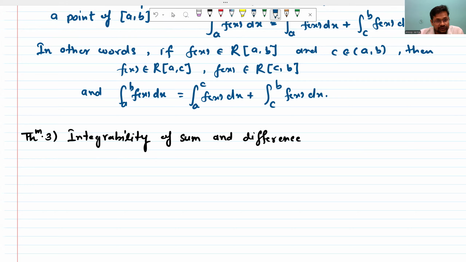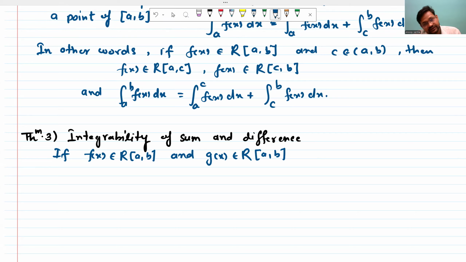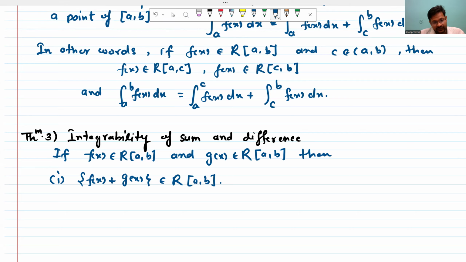If f(x) belongs to R[a, b], and another function g(x) is also R-integrable in this interval [a, b], then first, the sum of these two functions, f(x) plus g(x), is also R-integrable, and f(x) minus g(x) is also R-integrable.